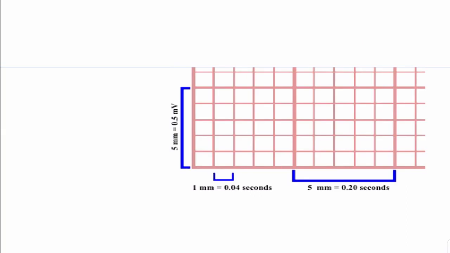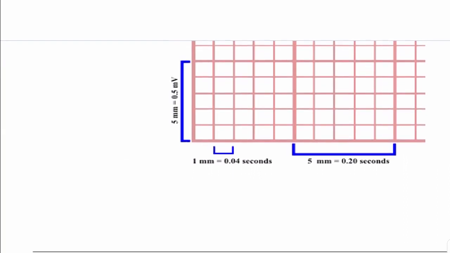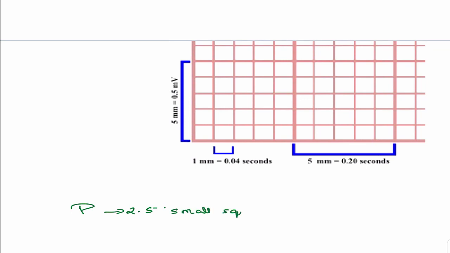When you draw the ECG, which we just learned, you have to understand that we started with the P wave, which is atrial depolarization. The P wave is 2.5 small squares. Just listen to this.